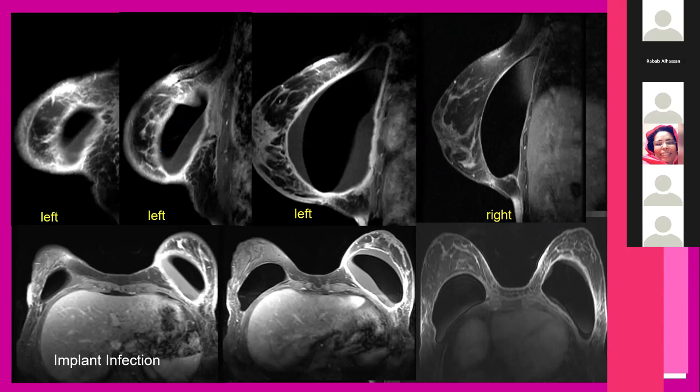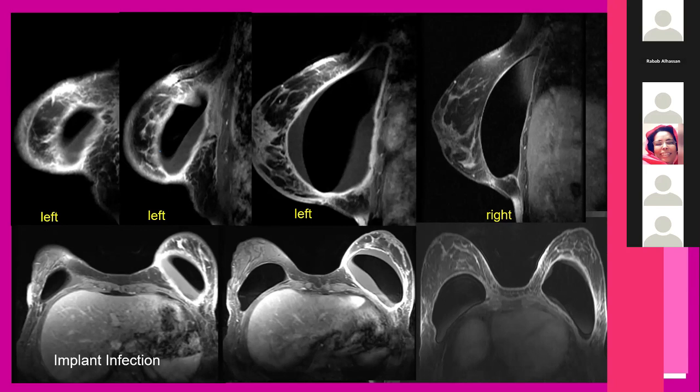Yes, that is why, while I was describing this lesion, I said that this fluid is simple. No septations, no nodularity, no enhancement. All of these were to try to exclude the associated lymphoma.